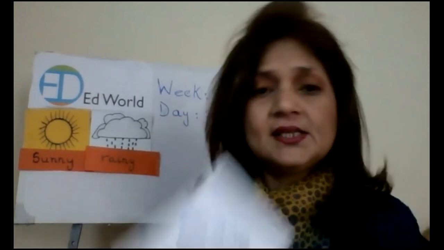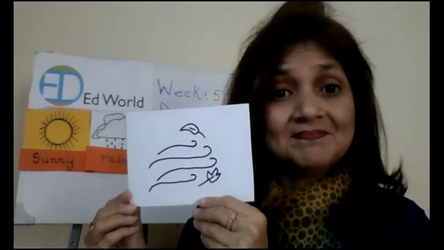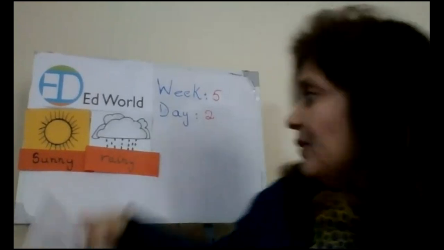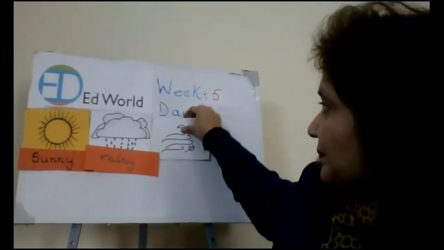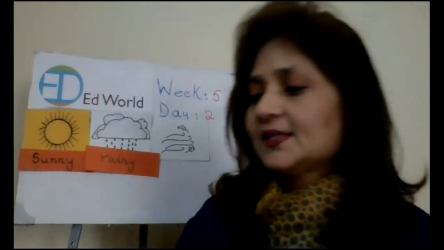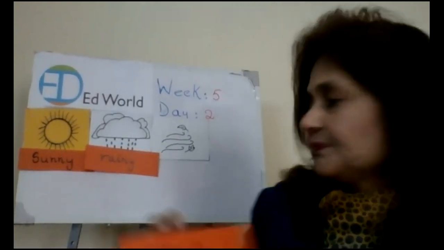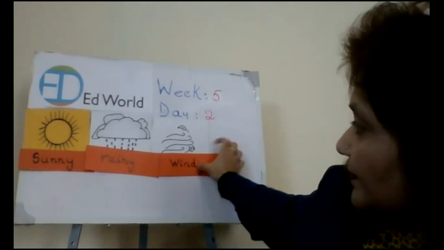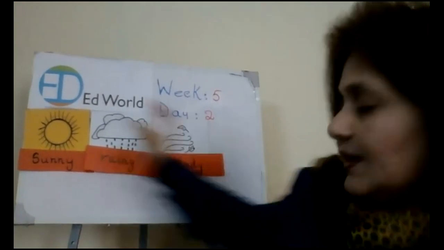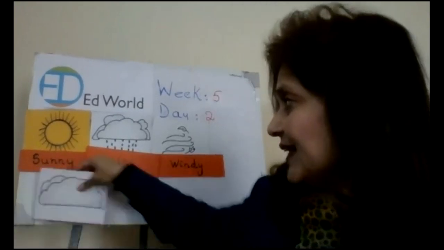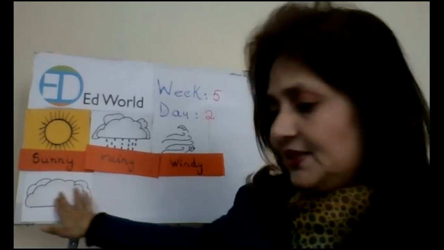Now which symbol is this? It's windy. Wow, great job. It's windy, right? Correct. Okay. Now which symbol is this? Cloudy. Correct. It is cloudy.